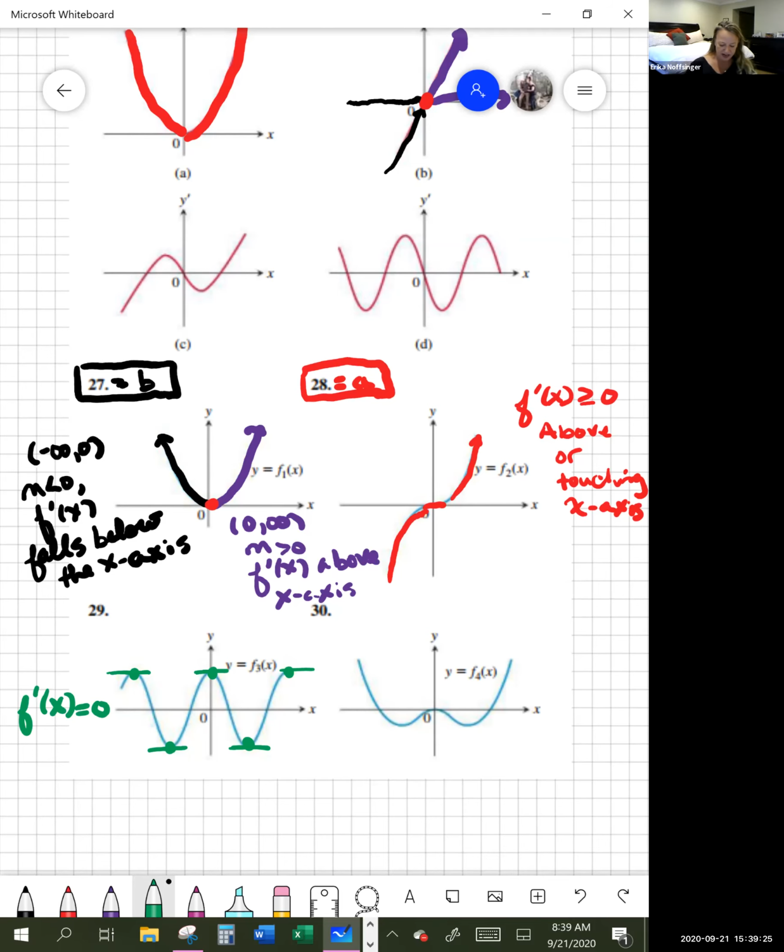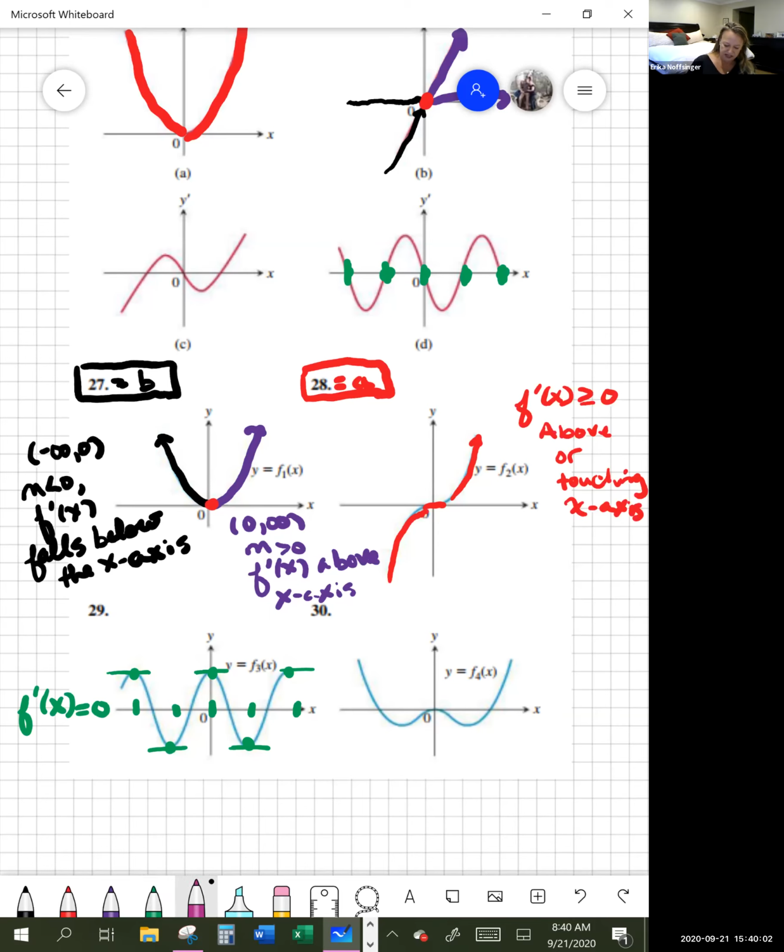So notice that we're going to have multiple places where it's going to cross the x-axis. We're going to have one about here. We're going to have one about here. So there's 1, 2, at the origin, 3, 4, 5 spots where it's going to cross the x-axis. And so notice here, 1, 2, 3, 4, and 5. So they're the same x values. Where we have max or mins is where it's going to cross the x-axis for our derivative function.